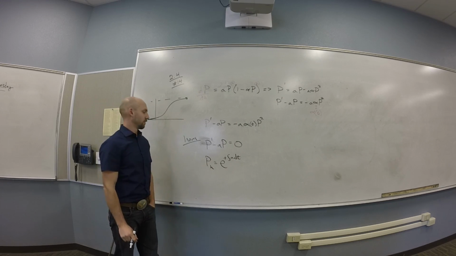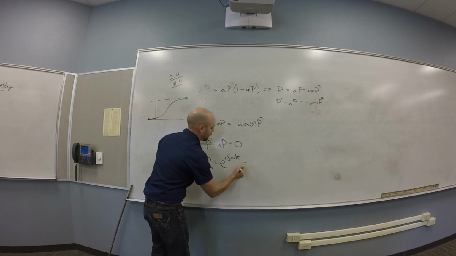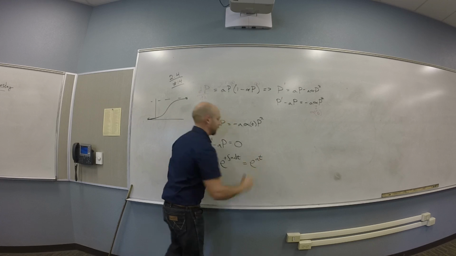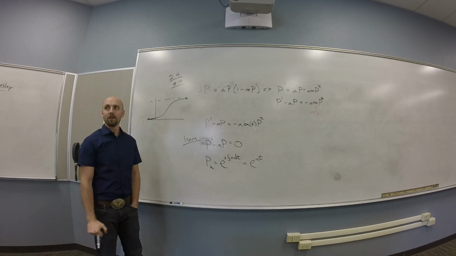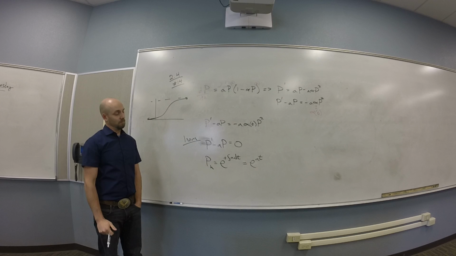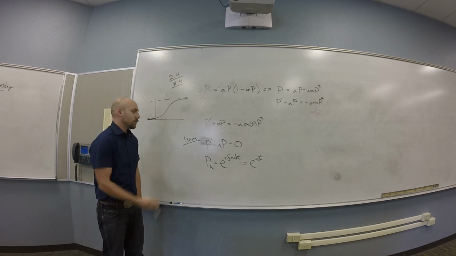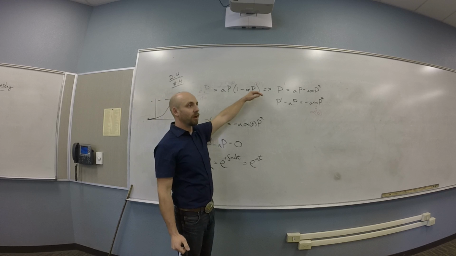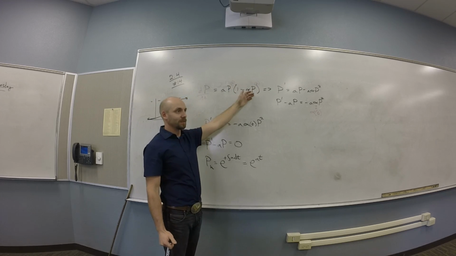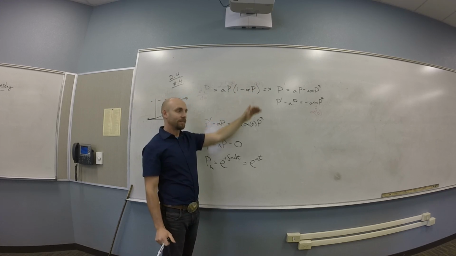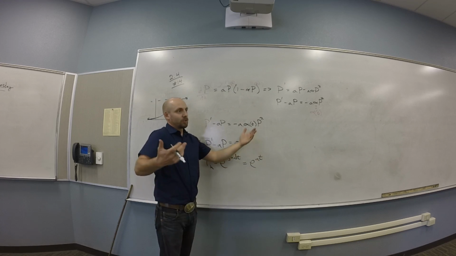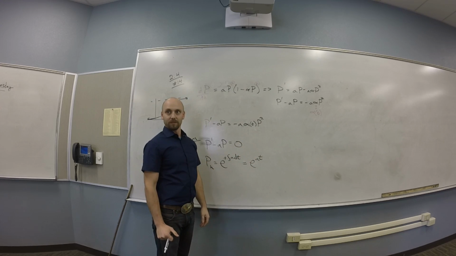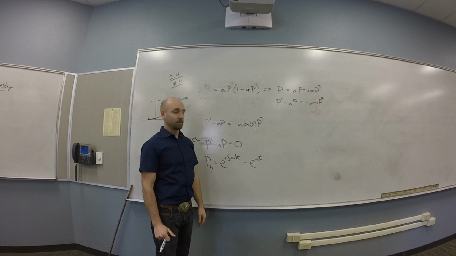A is a constant. So this is e to the at. Yeah, that seems to jive with my intuition. If I don't have this forcing going on, like if the carrying capacity doesn't matter, then it should be exponential growth.